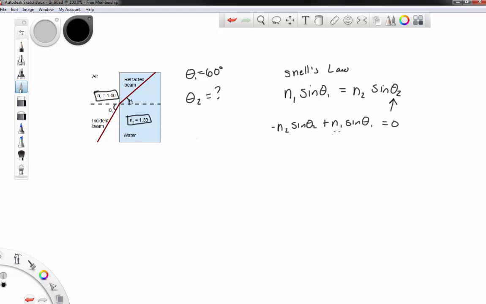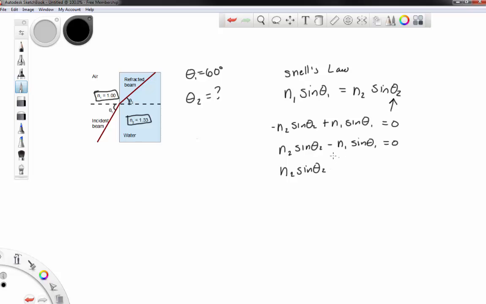Okay, and now I'm going to multiply everything by -1. So N2 sine theta 2 minus N1 sine theta 1 is equal to 0. Now I'm going to add an N1 sine theta 1 to both sides of the equation. So N2 sine theta 2.